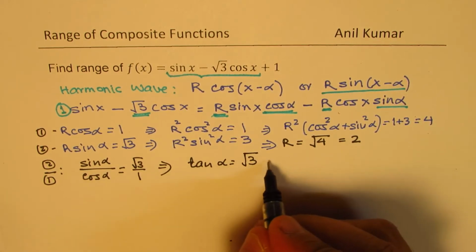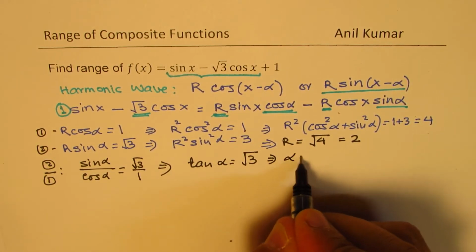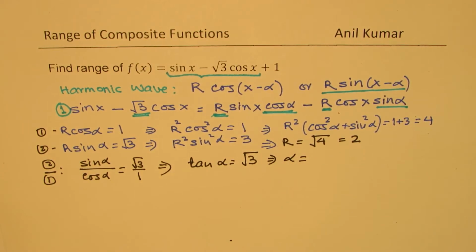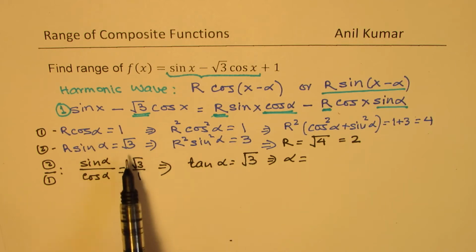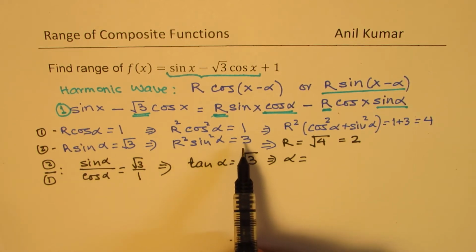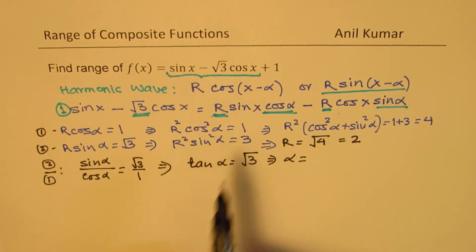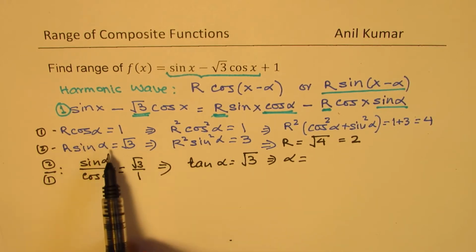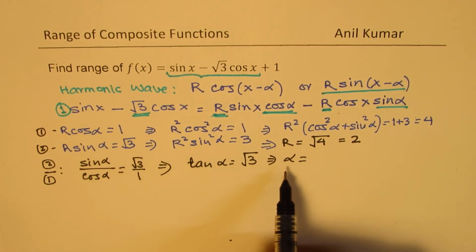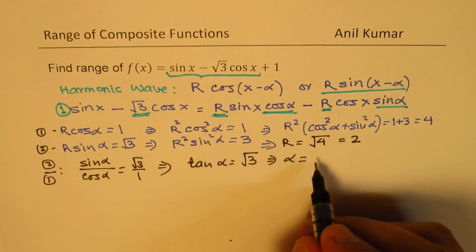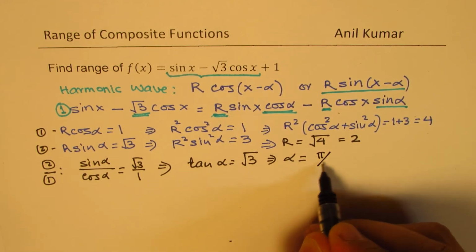Now tan alpha equals square root 3 means that alpha is equal to what? Now if we are using these positive values, in that case we are assuming that both are in quadrant 1, right? Both are in quadrant 1. So alpha will be equal to pi by 3, right?